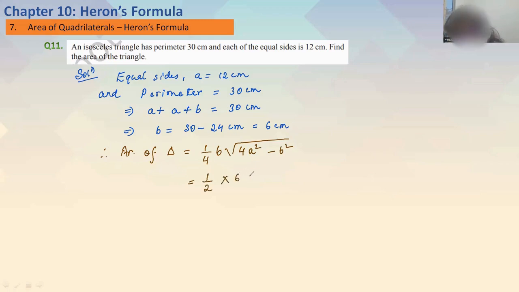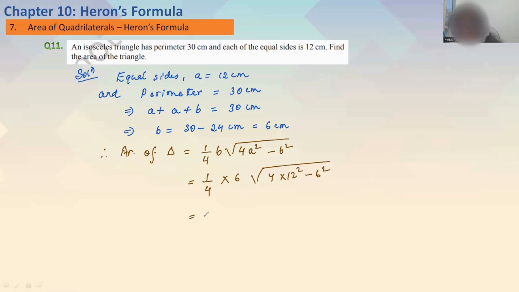What's the base? 6. Oh, sorry, it's not 4. You're in the habit of writing 1/2 for the area of a triangle. Yeah. So it's 1/4 multiplied by 6 multiplied by the square root of 4 times 12 squared minus 6 squared.